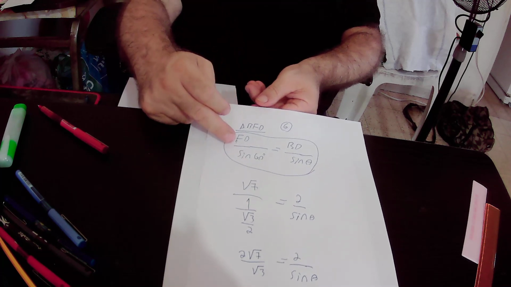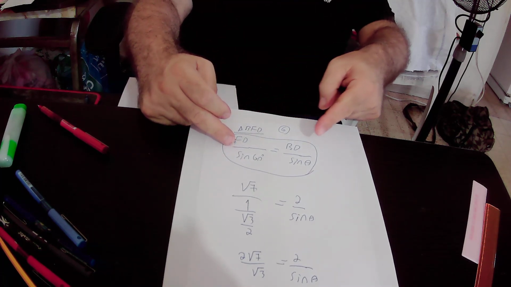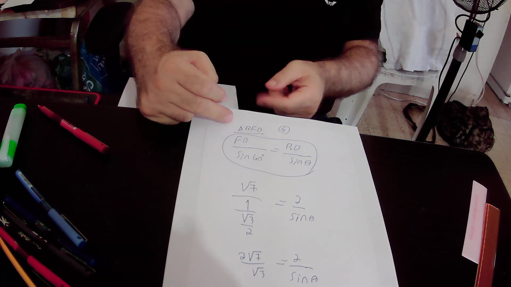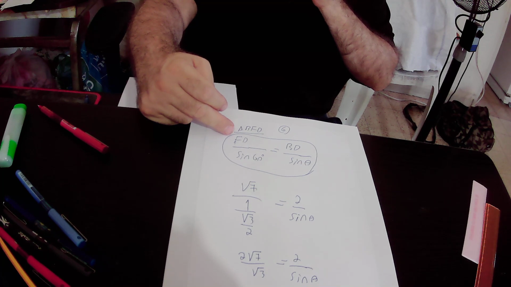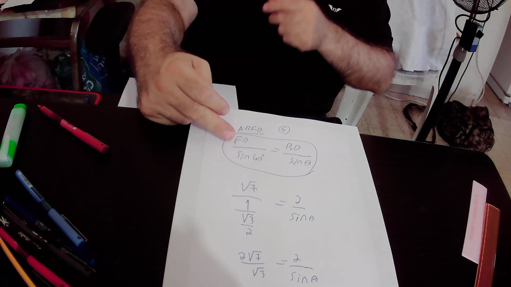FD over sinus 60 degrees equals to DB over sinus theta in triangle PFD. Okay, so we have all the missing variable here except for sinus theta.